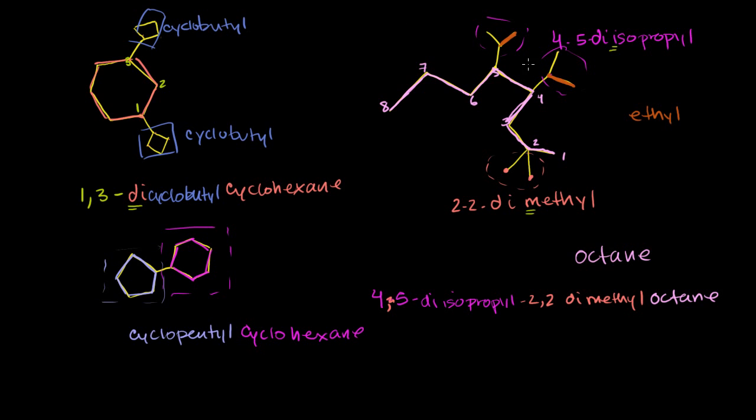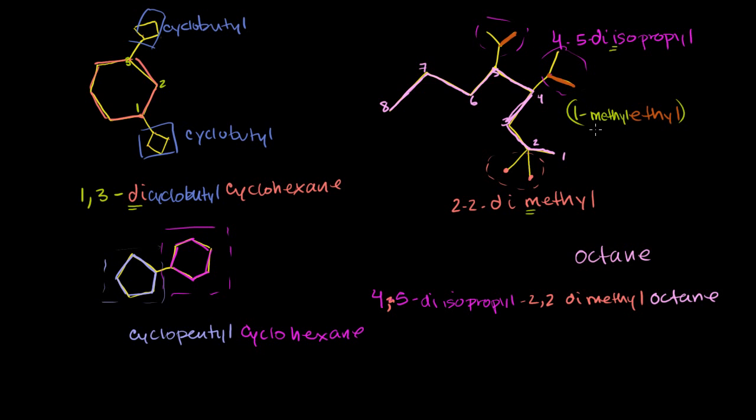So you could also call each of these groups a 1-methylethyl instead of an isopropyl. So you could either say isopropyl for each of these groups, or you could call each of them a methylethyl if you do systematic naming. Now, we have 2 of these 1-methylethyl groups, just like we had 2 isopropyl groups. If you're using common naming, you can say diisopropyl to say you have 2 of these groups.